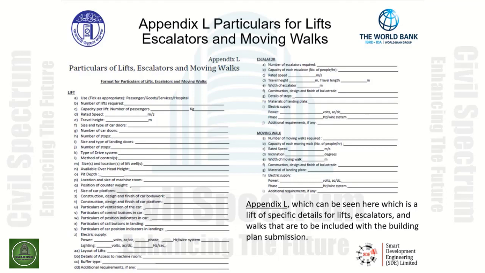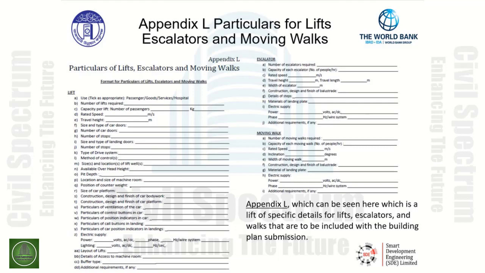We need details of the steps to make sure the steps are according to the code requirements, as well as the materials of the landing plate. And just like the lift category, the electrical supply needs to be documented. Again, the voltage, the type of system, whether it's alternating current or direct current system, the phase of the system, as well as the hertz or cycles per second, and any additional requirements.